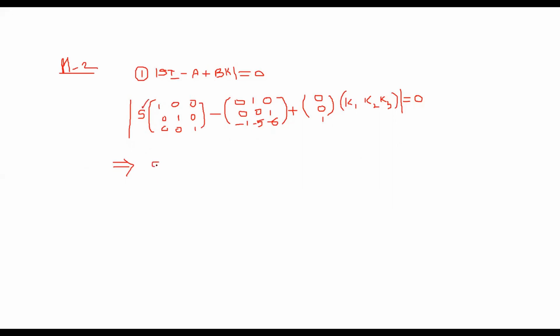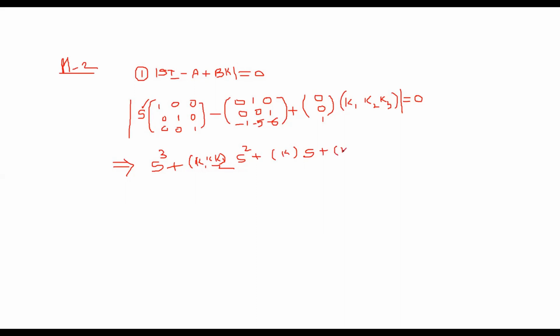So the third order system will be s cubed plus some expression in K1, K2, K3 into s squared, plus some constant into s, plus some constant.